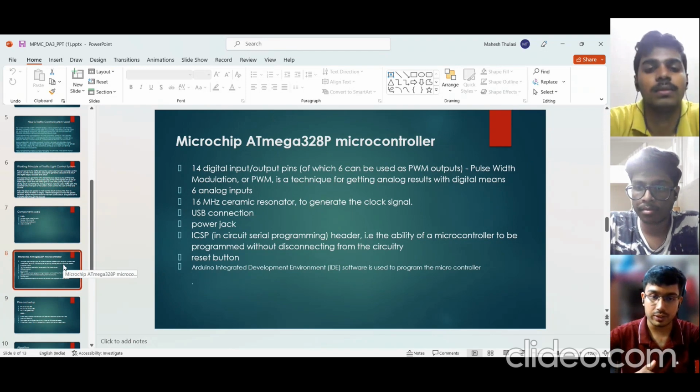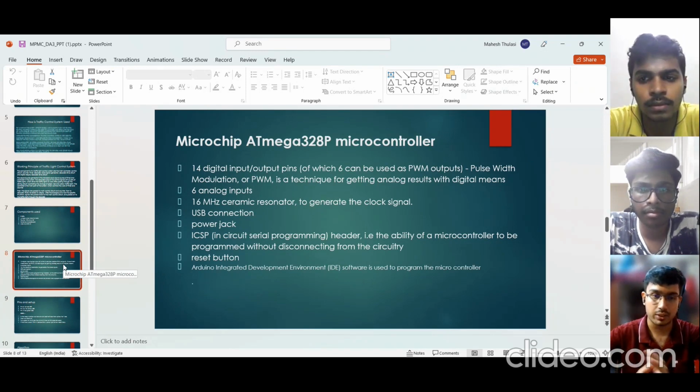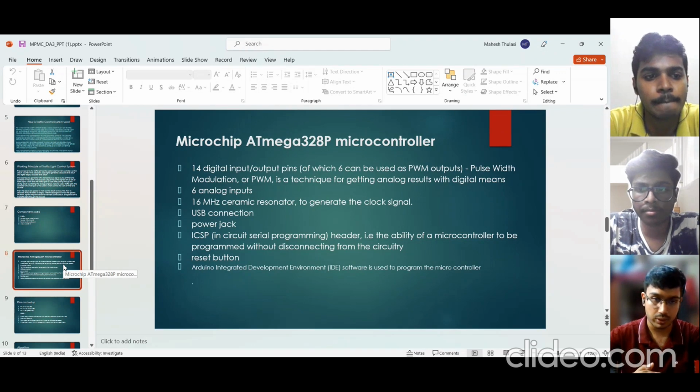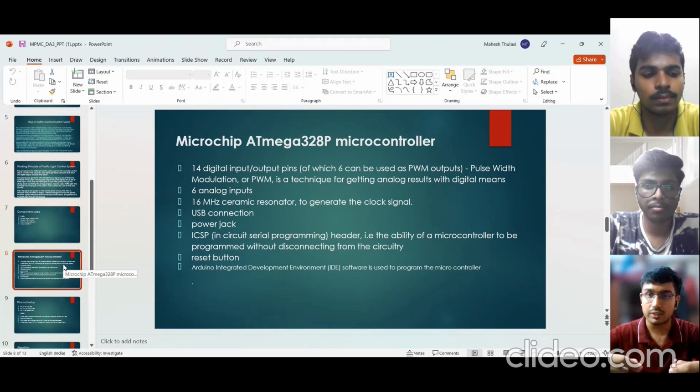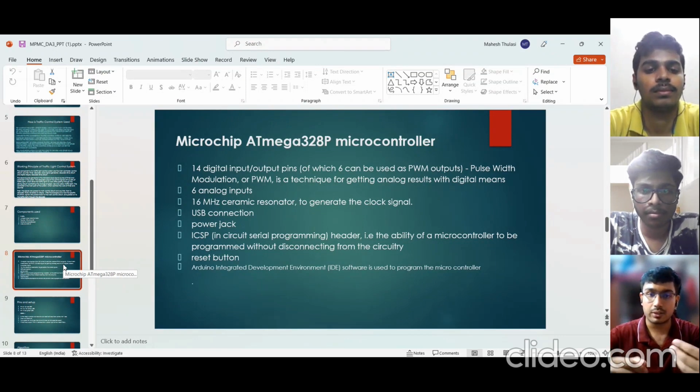Well, at first, we took the Arduino and connected the system with breadboards and LEDs, as Mahesh told. Here you can have a look at this PPT slide, which was a basic idea of the work we did. Here you see there are 14 digital input-output pins, one of which is pulse width modulation, PWM, a technique for getting analog results, along with six analog inputs.